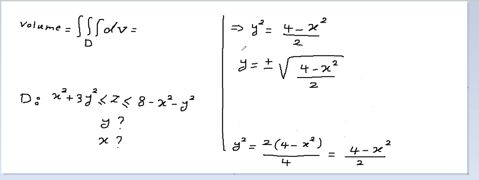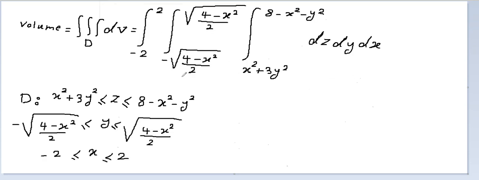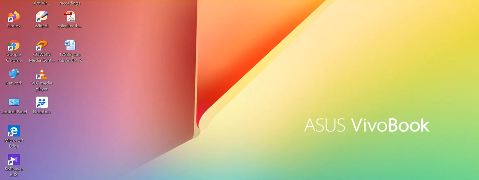Okay, this is the description of the region D. Now let's set up the integral. Triple integral, z from lower surface to upper surface, and then the image of D on the xy plane will be that ellipse, so y from lower curve to upper curve, x between -2 to 2.